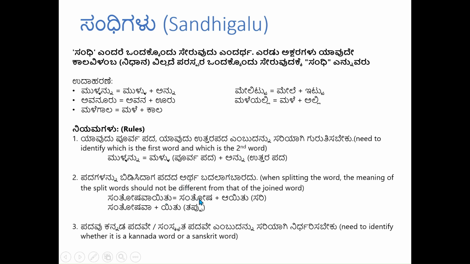So when you are saying Santosha Vaitu, was happy or became happy, so Santosha is happy and Aitu is became or was happy. So the meaning of Santosha Aitu and Santosha Vaitu is the same.